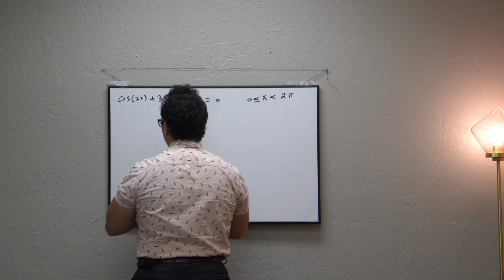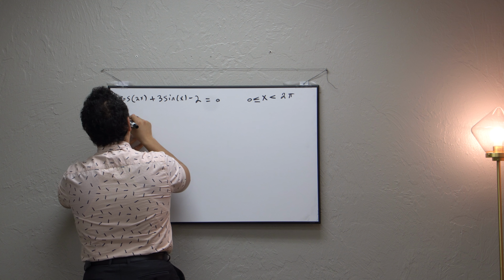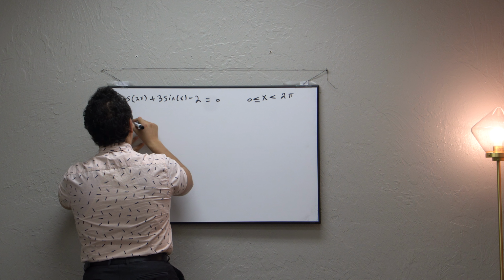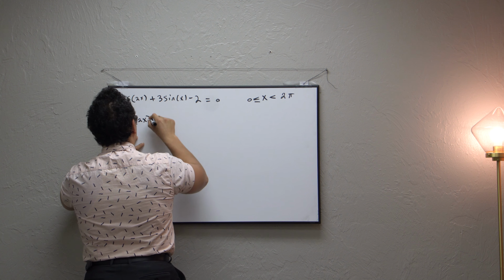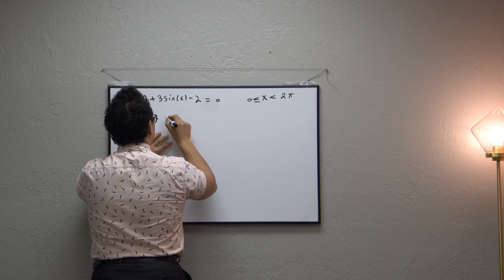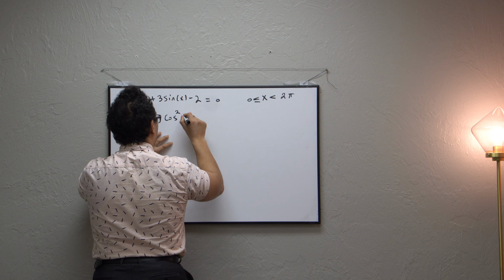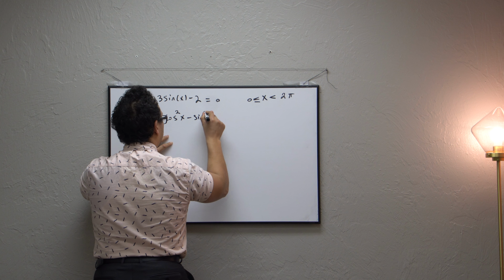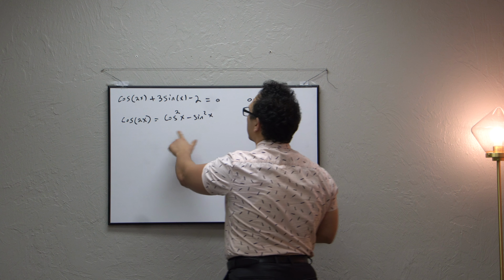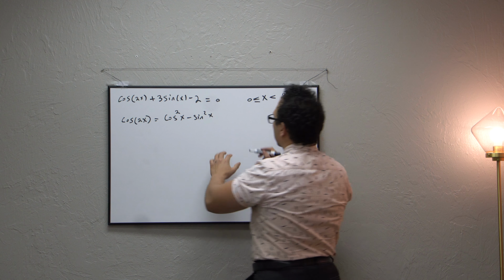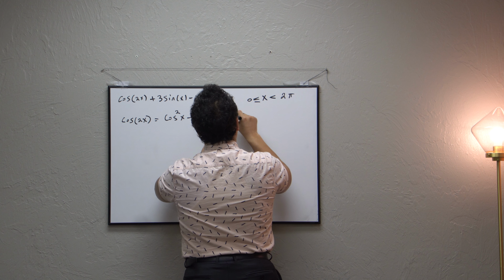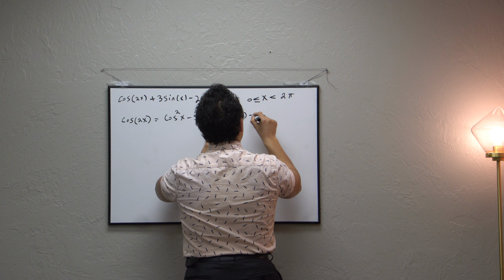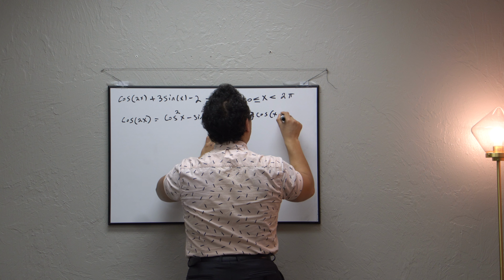We will note that in previous trigonometry sections, it can be shown that the cosine of 2x is equal to cosine squared x minus sine squared x. This is true, and as a matter of fact, it's a consequence of the fact that cosine of 2x is the same thing as cosine of x plus x.